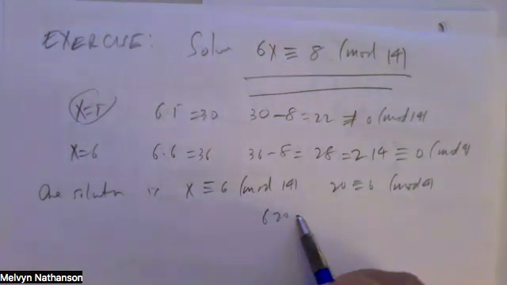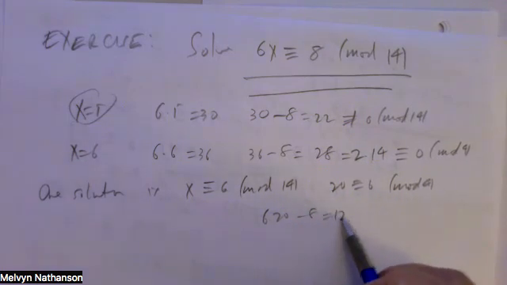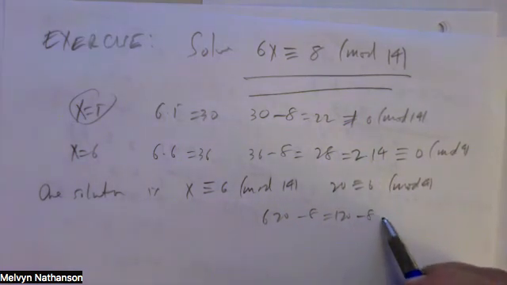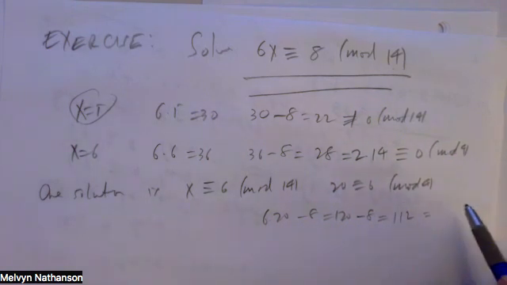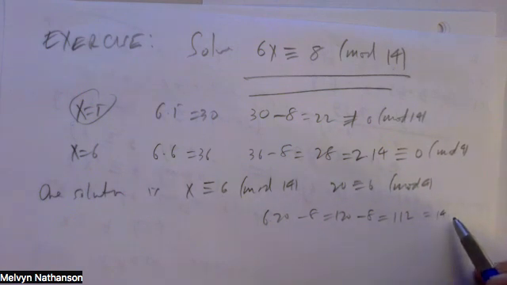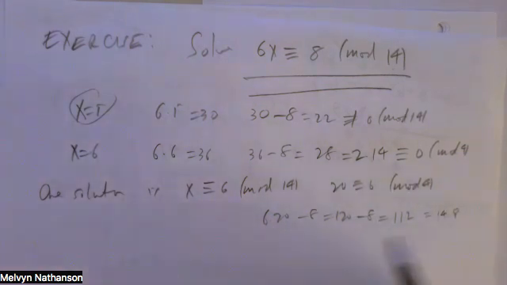Let's see, 6 times 20 minus 8 is 120 minus 8, which is 112. Is that a multiple of 14? If I take 14 times 8, that is 112.